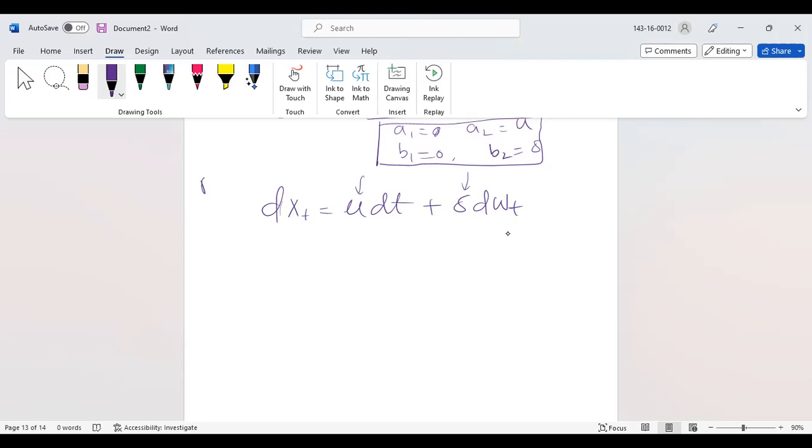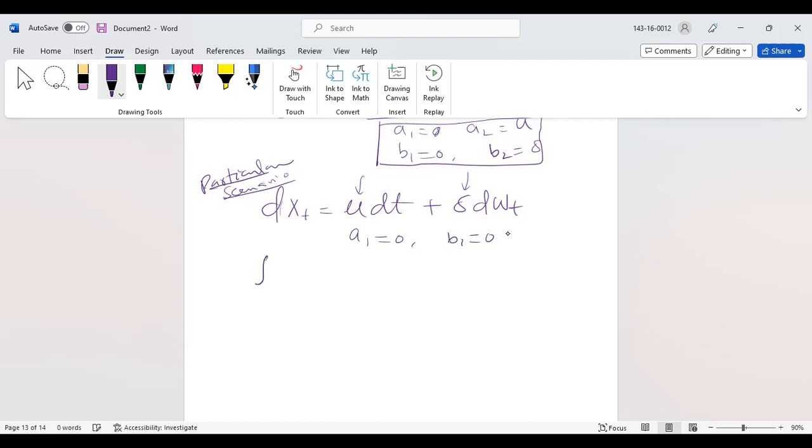This is a particular scenario I am considering: if your SDE is in a form that you don't have x multiplied with this dt, in other words if your A1 and B1 are 0, then you just integrate both sides at this place.